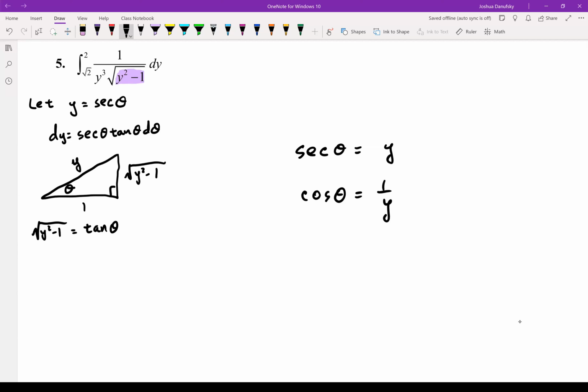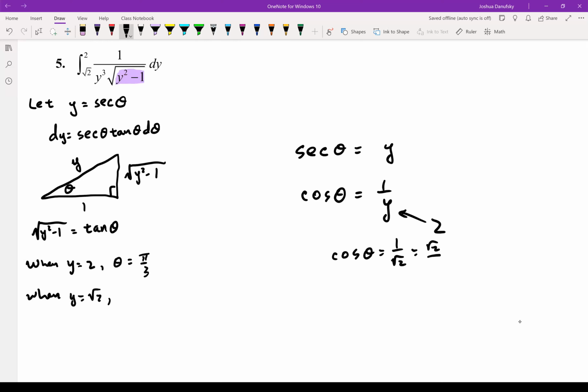And we need to change the limits of integration. When y equals 2, well, that means that we have a 2 here, and we know the cosine theta equals a half when theta is equal to pi over 3. And when y equals root 2, that means cosine theta is 1 over root 2, also known as root 2 over 2.